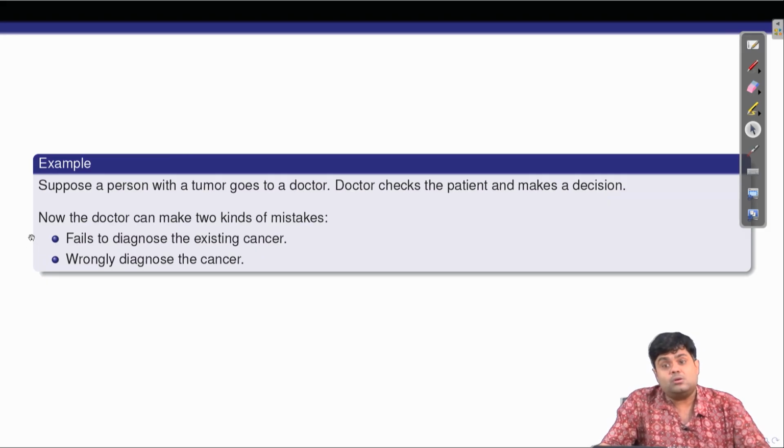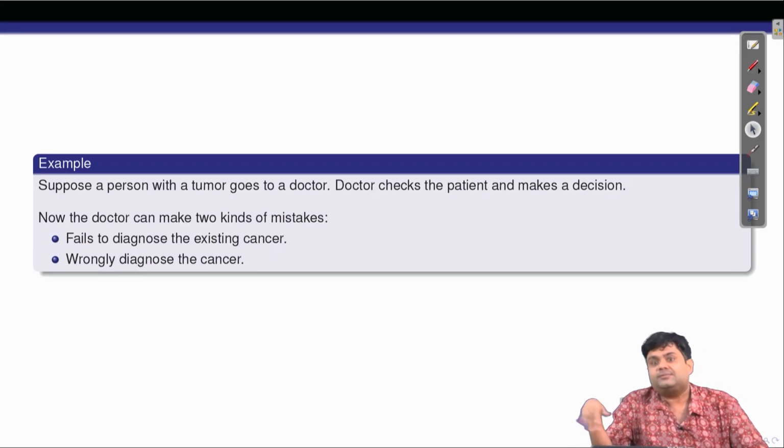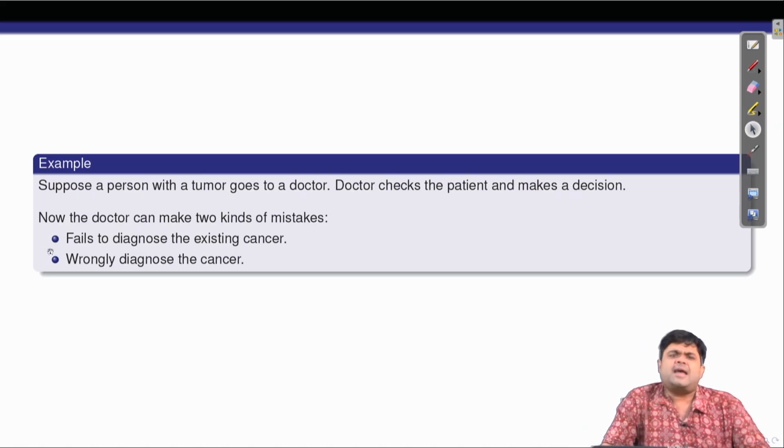What will that lead to? Well, the patient will be happy, not get treatment for cancer and move on with life, and maybe it will get detected when it actually shows other symptoms in higher stages. Another error the doctor can make is to wrongly diagnose the cancer.